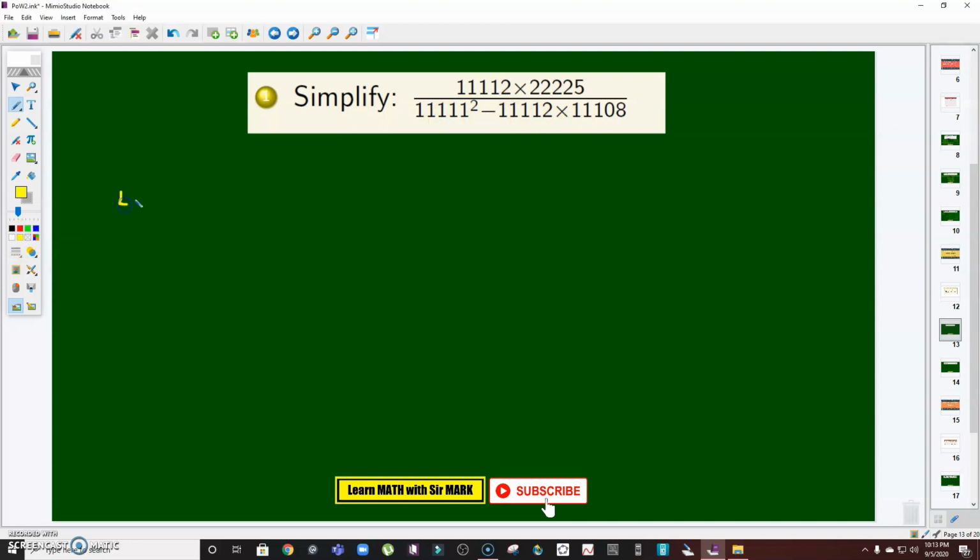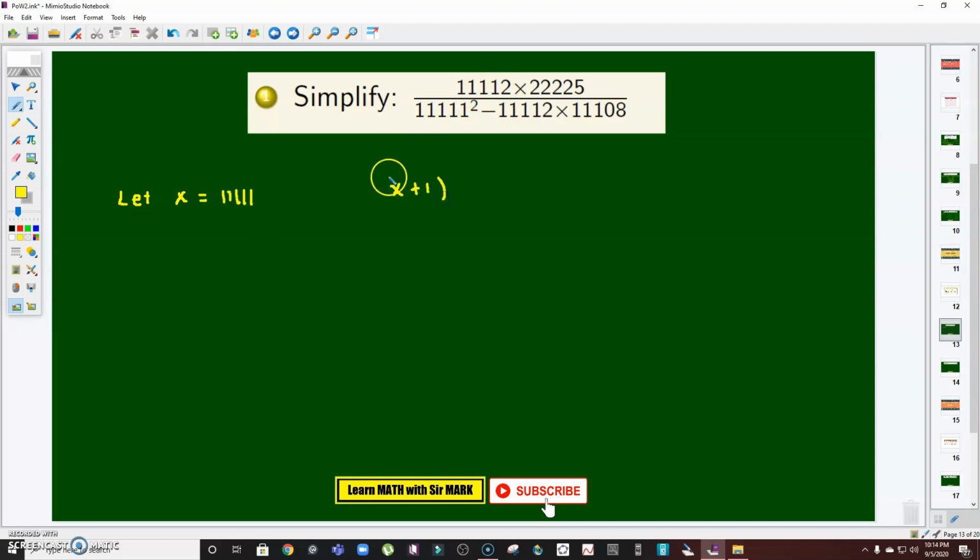You're going to choose a number wherein you can represent the other numbers in terms of that particular number. In this case, I'm going to let 11,111 be my variable, which is x. What do I mean? Meaning to say, yung 11,112 in relation to x is just x plus 1.